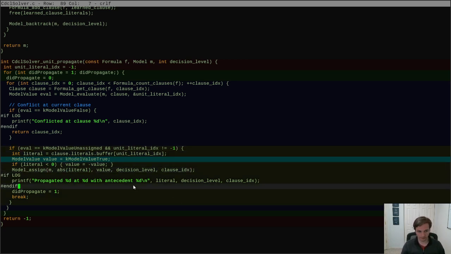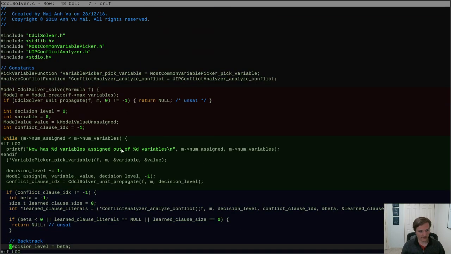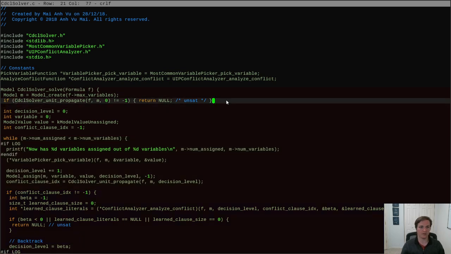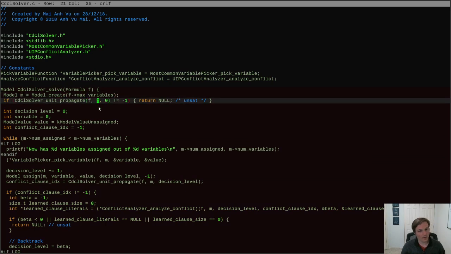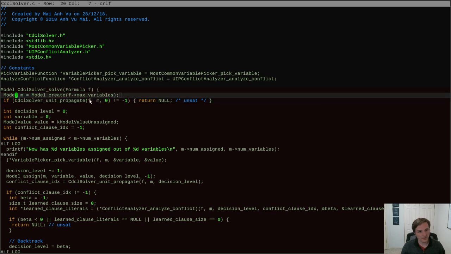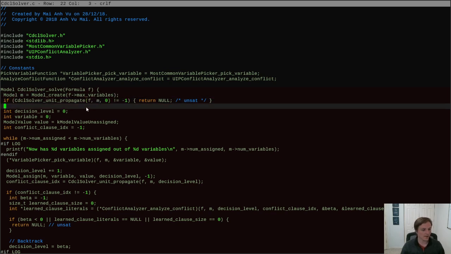Okay. So that's what the propagate function is doing. That was the first line of the solve. So the first thing it does is it propagates. It starts with an empty model. So I guess what that first propagate is doing is if there are any clauses with just a single variable, it will find them and deal with them first.